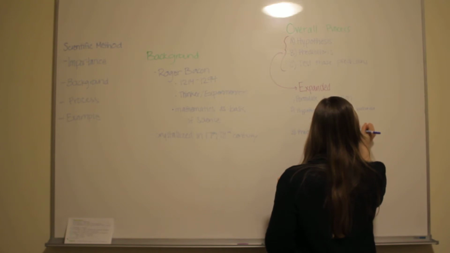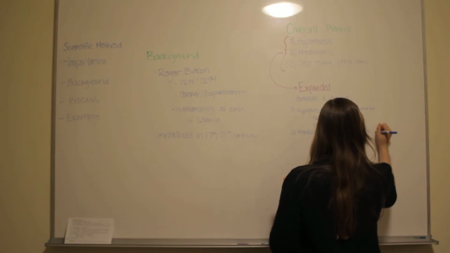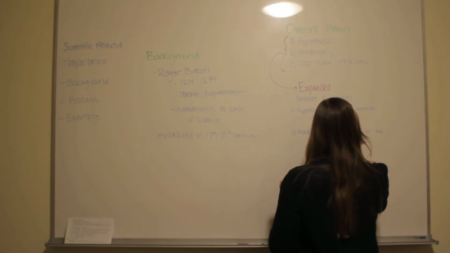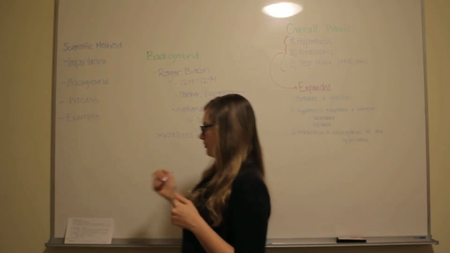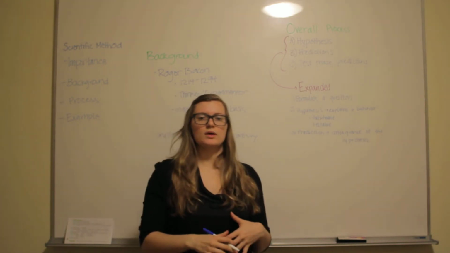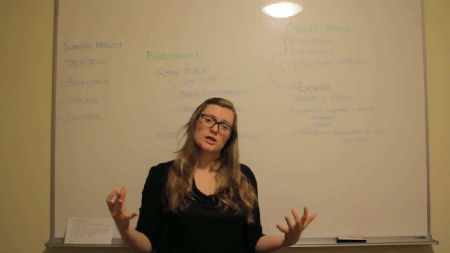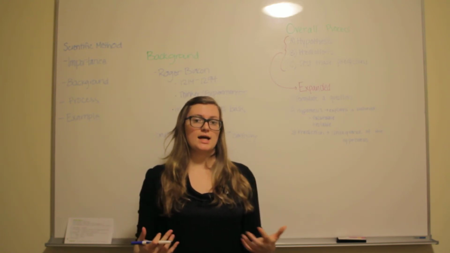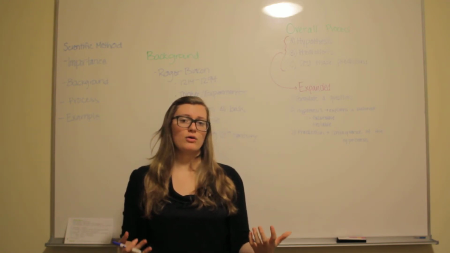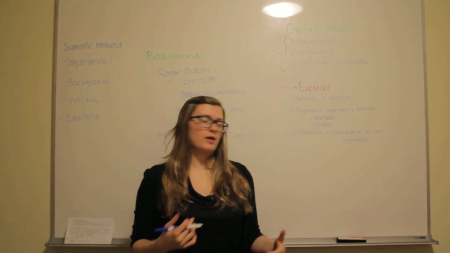It's the consequence of the hypothesis. So, after you form a prediction, you get to do what some consider to be the really fun part of the scientific method. You get to experiment. You get to create a study that you think will show or support your hypothesis.